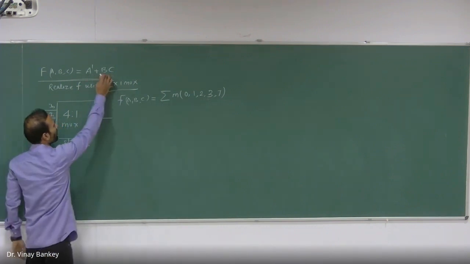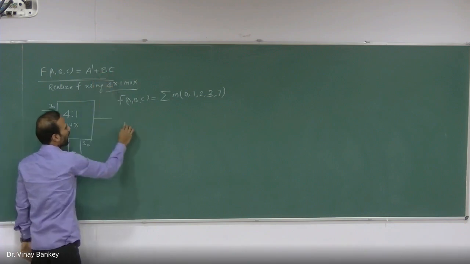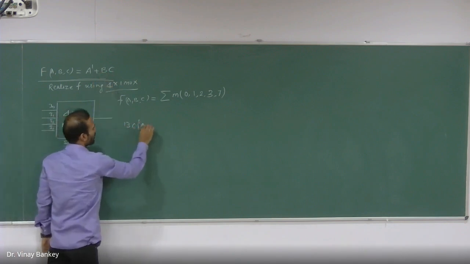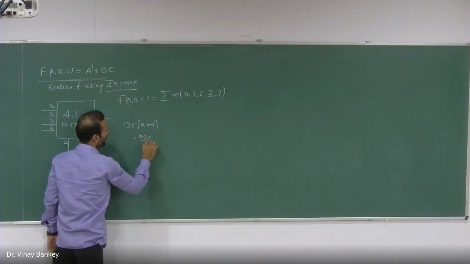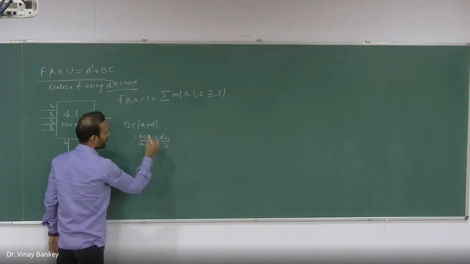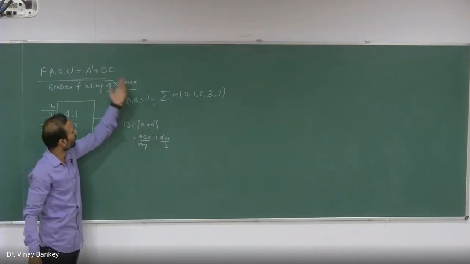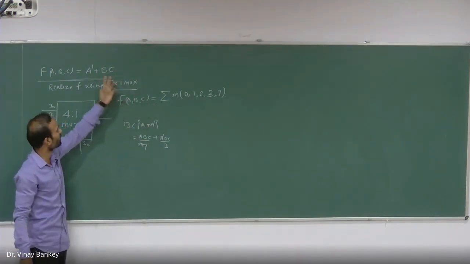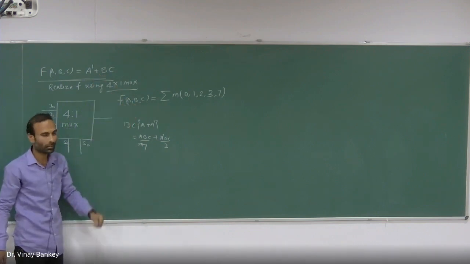Which variable is absent here? A. So we'll add A plus A bar with BC. So this will be ABC, the seventh min term, M7, and A bar BC, the third min term. That's why we want to realize this function. These are the same. This is written in the form of Boolean function, and this is written in the form of min terms.